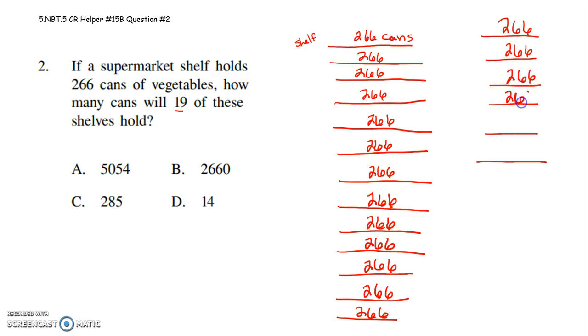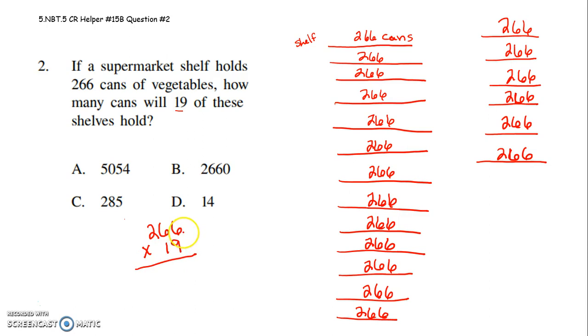Hopefully, you're like, wow, I could either take 266 plus 266 plus 266 plus 266 and do that 19 times. Or, if you're taking 266, adding it to itself 19 times, the operation you can actually use is to take 266 and multiply that by 19.